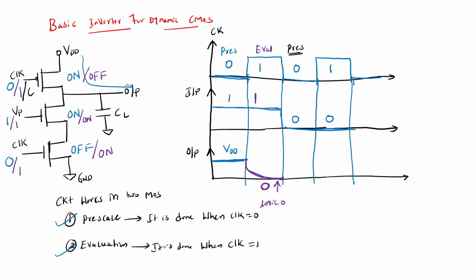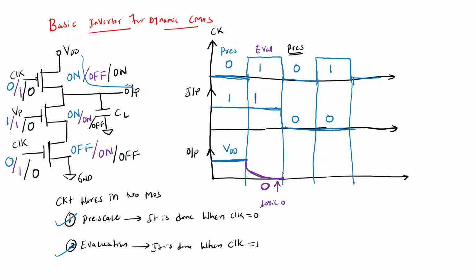Here I am giving clock equal to 0 and input equal to 0. When the clock is 0, is the PMOS on or off? The PMOS will be on, and the NMOS will be off, so there is a connection between VDD and the output.